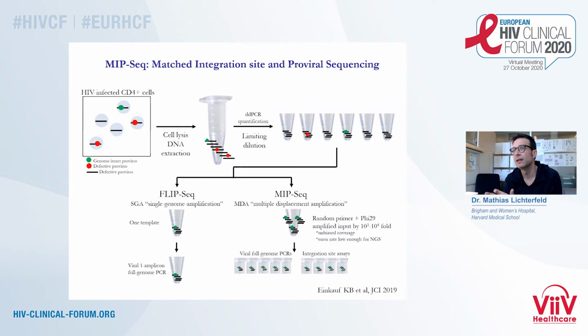So it's creating identical copies of that individual provirus. And then we can split each multiple displacement amplification reaction in two different components. One of them is being used for HIV amplification, and one of them is used for integration site analysis. And using this approach, we can identify the entire virus sequence and the corresponding integration site in the human genome.